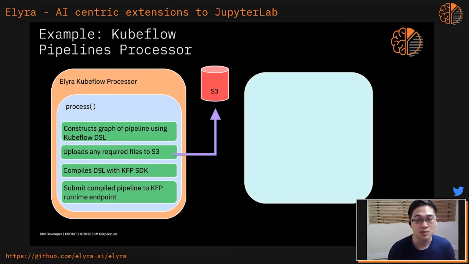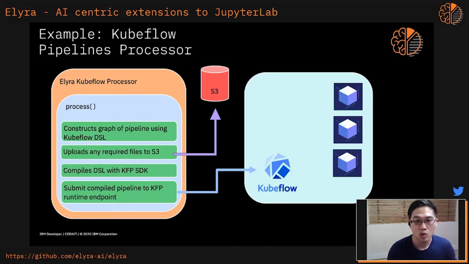We then compile this pipeline using the Kubeflow Pipelines SDK, and then we submit the compiled pipeline to the Kubeflow Pipelines runtime endpoint, which then spawns containers based on the DSL that it receives. And then after every step, it pushes whatever intermediate artifacts it creates or that later child notebooks might need to S3.